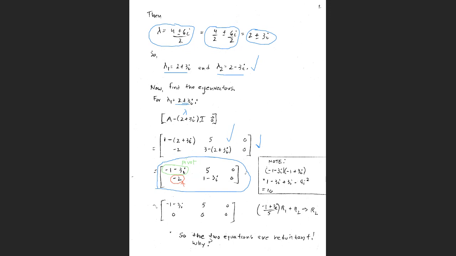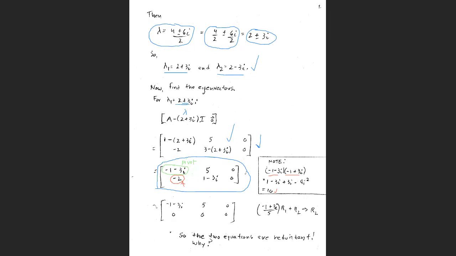So what I'm going to do first on the right, I note that -1 minus 3i times its conjugate -1 plus 3i, if I FOIL that, first, outer, inner, last, I'm going to get a real number.